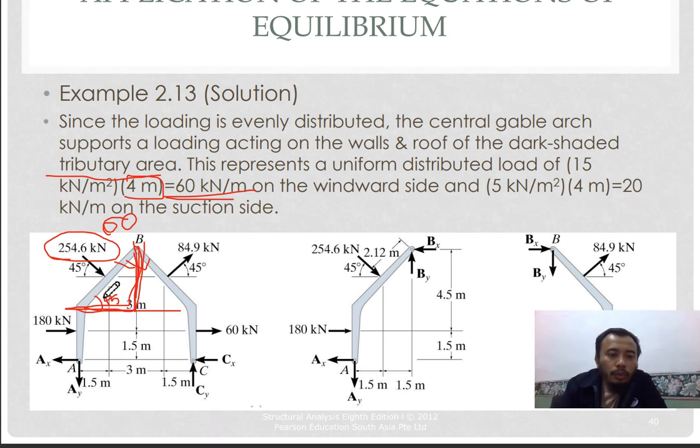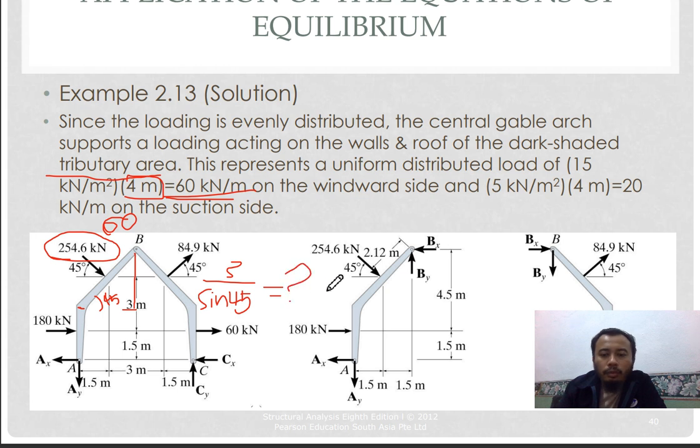When this angle is 45 degrees, you can get the distance of this point as 3, which is the distance here, divided by sin 45. So you get your distance of about 4 something.